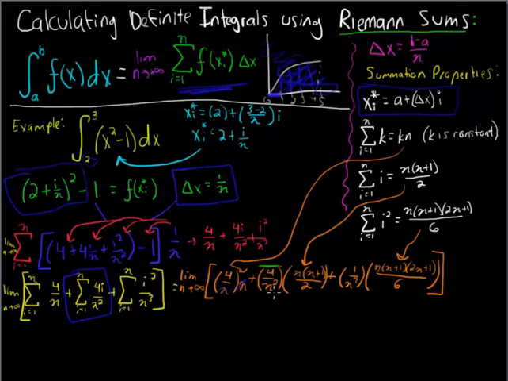That's the sum of i, and we have that over here: when you take the sum of i from i equals 1 to n, you get n times n plus 1 over 2. So now we have 4 over n squared times n times the quantity of n plus 1 over 2. So that's how we get this.